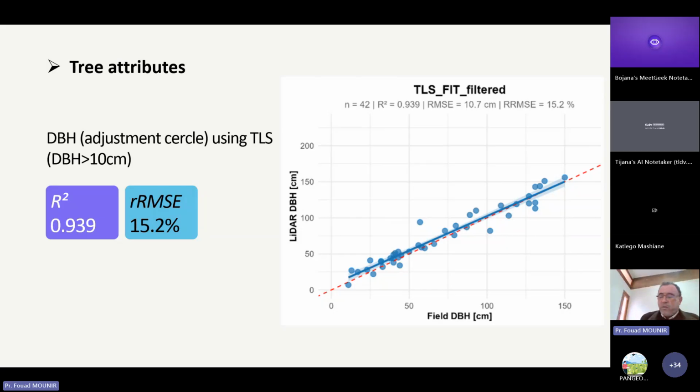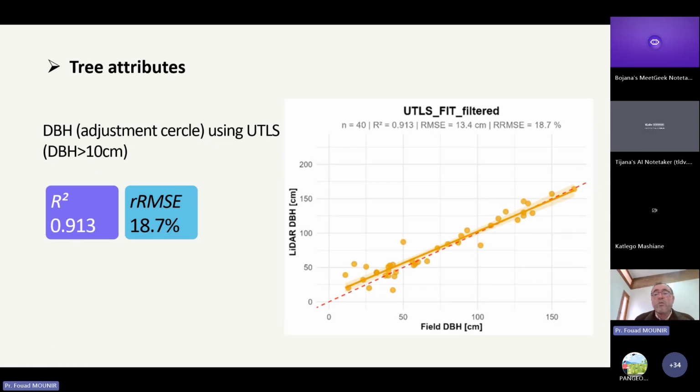And for this result, we can see here that for the DBH of trees more than 10 centimeters, the results are very good, and the relationship is more than effective. It is about 1.9, and the RMSE is low. The same case applies using ULS, then combining the data of ULS and TLS.